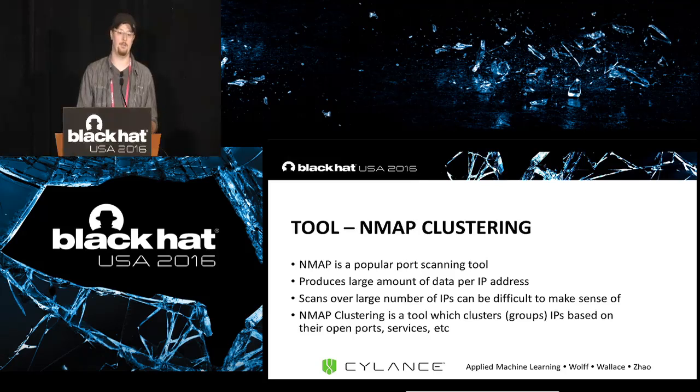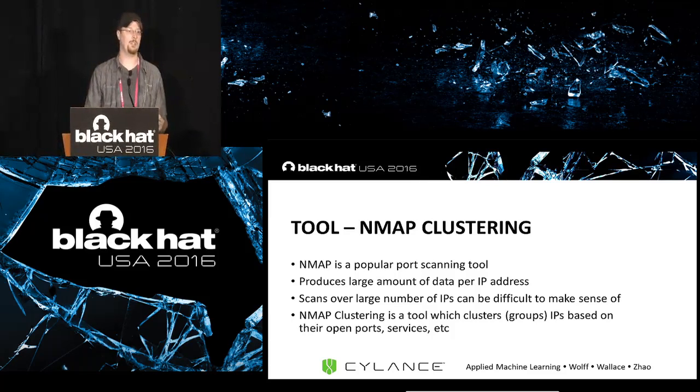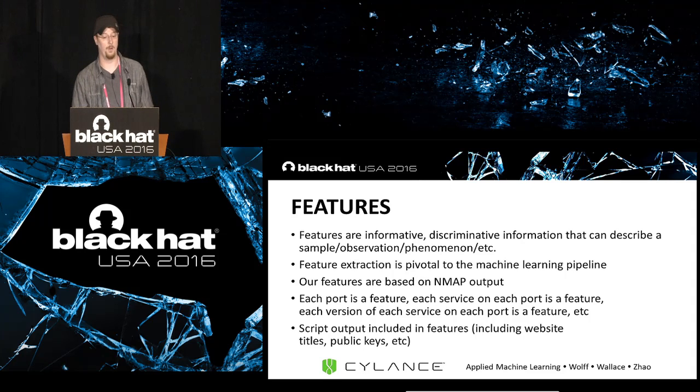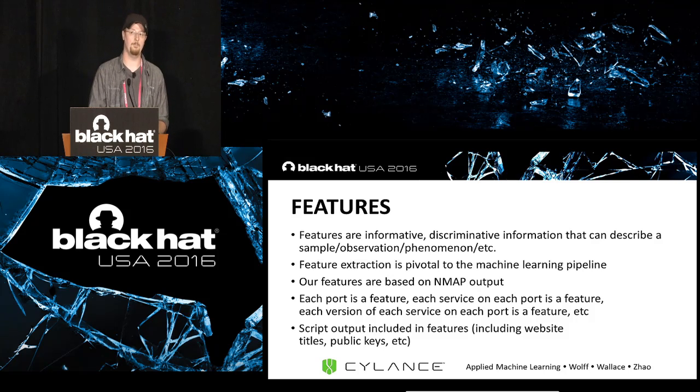So the idea of the Nmap clustering tool is to take all this data and use it as a means to determine whether an IP address is similar to another one, and extend that to then create clusters or groups of these IP addresses. In order to do this process, we need to do what's called feature extraction and vectorization, as Matt mentioned.